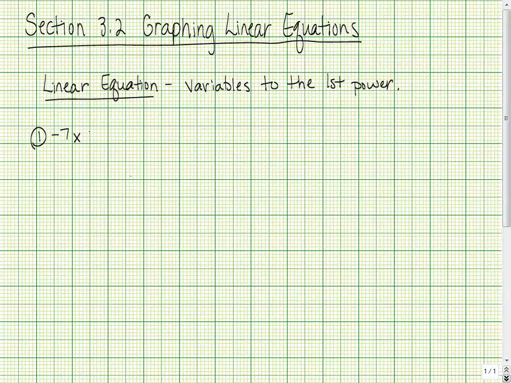So if we have negative 7x equals negative 3y plus 6, you can see that all your variables are to the first power. X is to the first power, and so is y. And when something's to the first power, you don't show the exponent. So those are to the first power, so it is a linear equation.